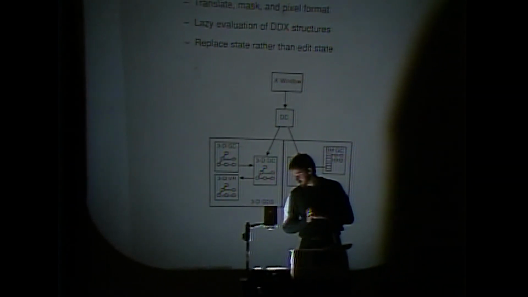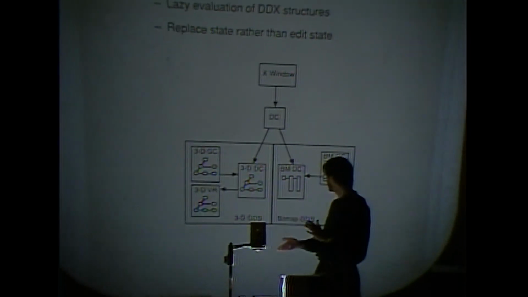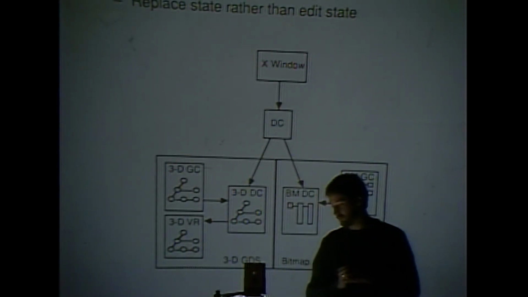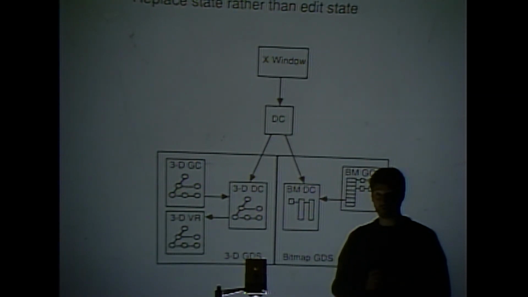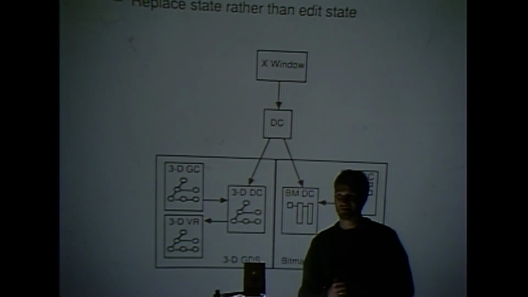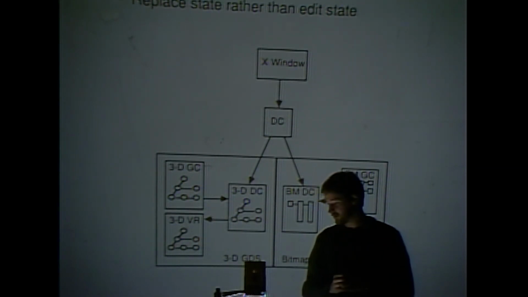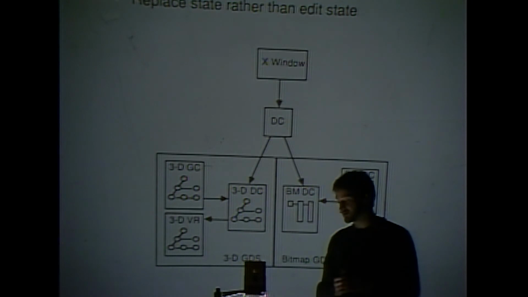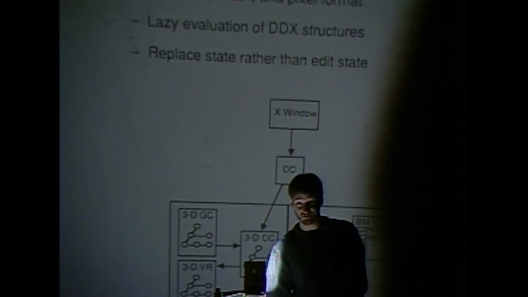The picture depicts primarily what we do: from an X window we construct a display context, as we call it, and that represents a location and clipping arrangement on the screen. From that, we enable that for either bitmap graphics and, as you'll see later on, for 3D graphics as well. But the enabling, again, is lazily bound. It doesn't occur unless either of those kinds of drawing are actually performed.